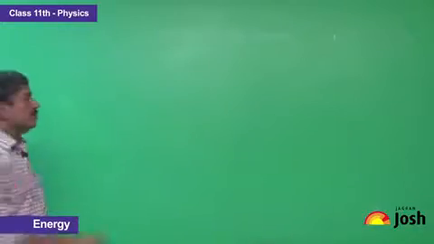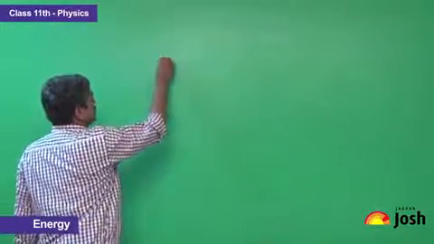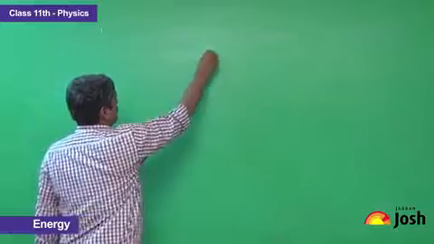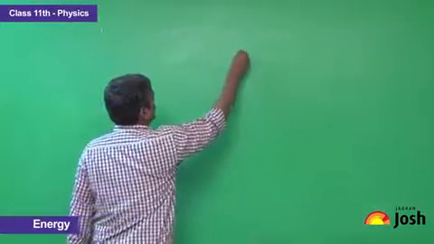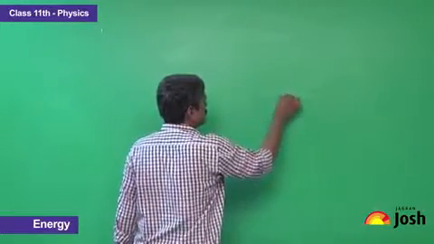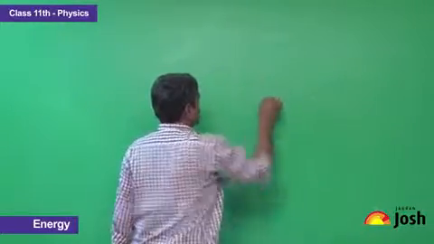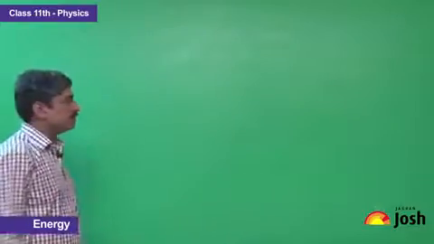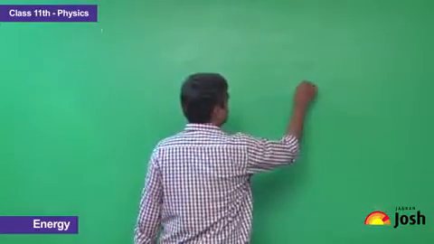Now we derive the relation for the kinetic energy. Kinetic energy is equal to half mv square. For proving this formula, suppose a block of mass m is kept on a surface and a force F is applied on it.